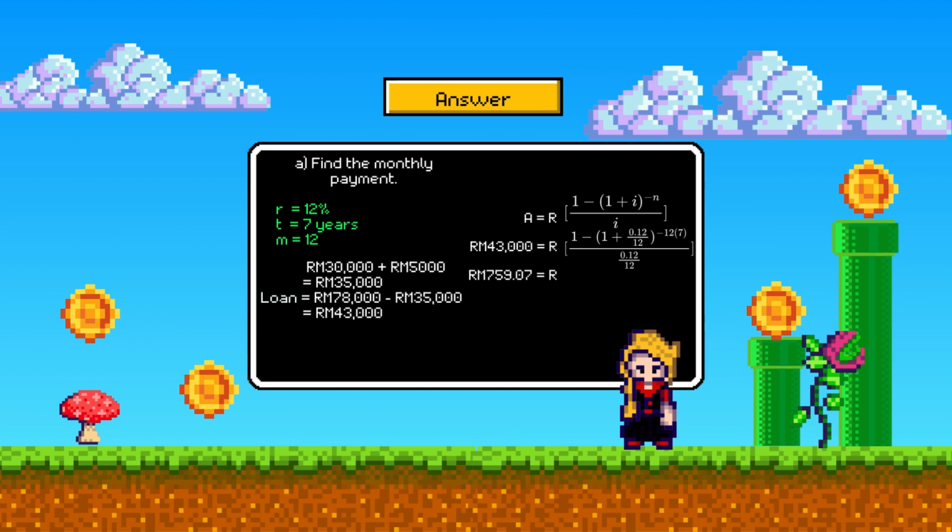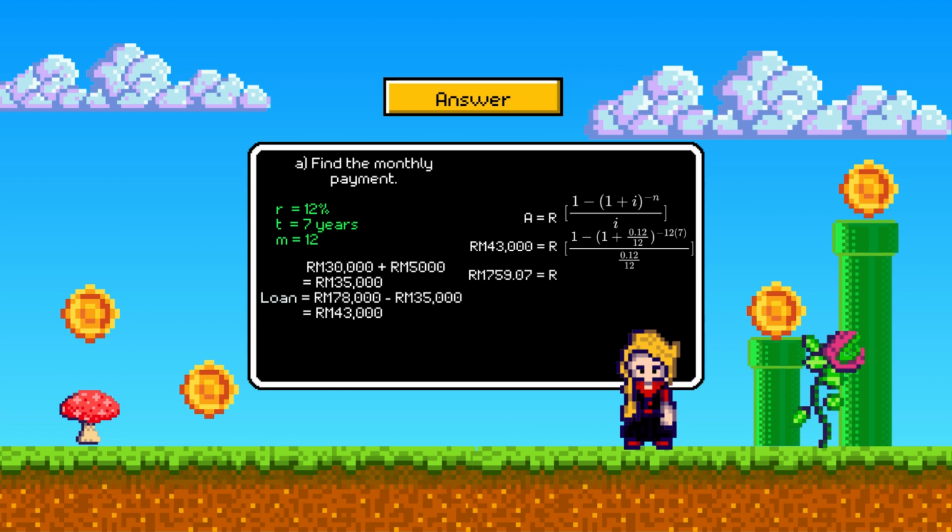On the left side, here is the information from the question that we need to use. On the right side, here is the formula we can use for this question. The formula is A equals R open bracket 1 minus open bracket 1 plus i close bracket to the power of negative n over i close bracket. i is r over m, n equals m times t.